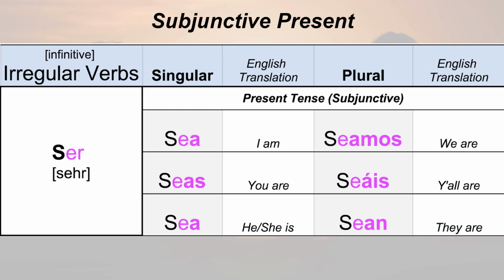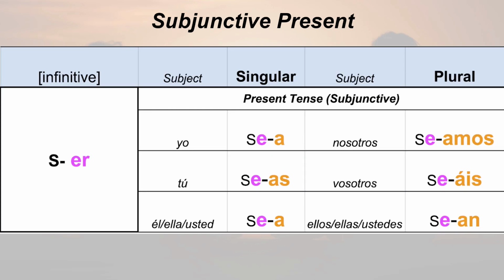So the subjunctive present tense for the verb ser is almost regularly conjugated, because when you look at the ending part, they are exactly the same as regular ER verbs, except that instead of getting rid of both letters of ER at the end, you only get rid of R, maintaining E as a prefixed part.